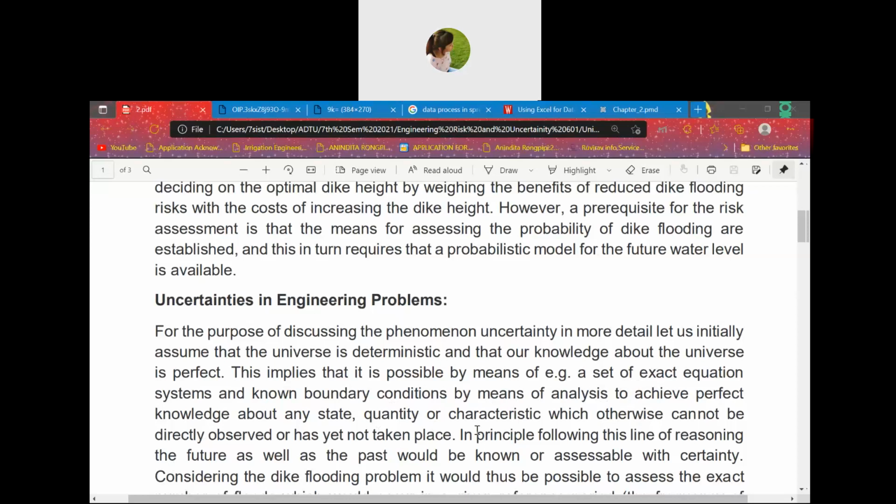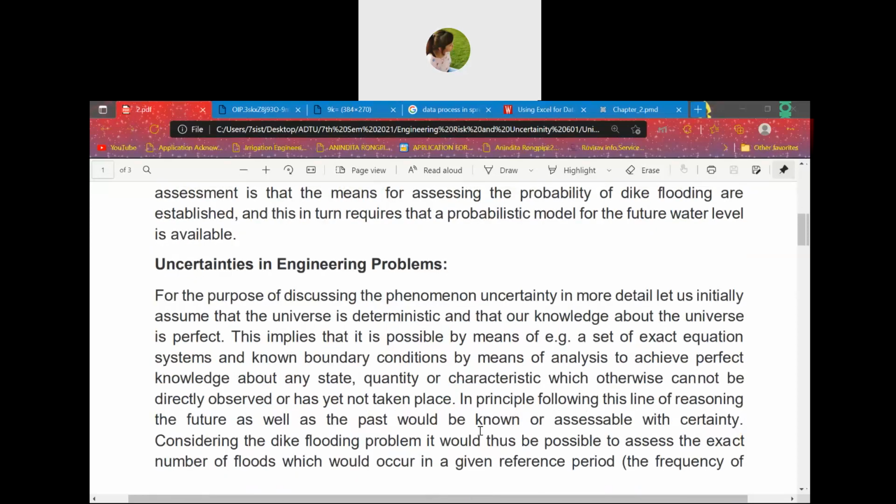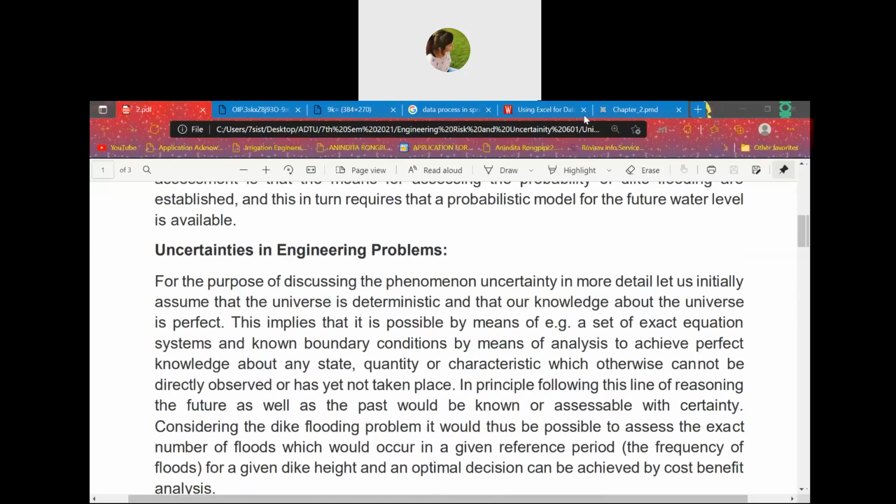So in principle, following this line of reasoning, the future as well as the past would be known or accessible with certainty.